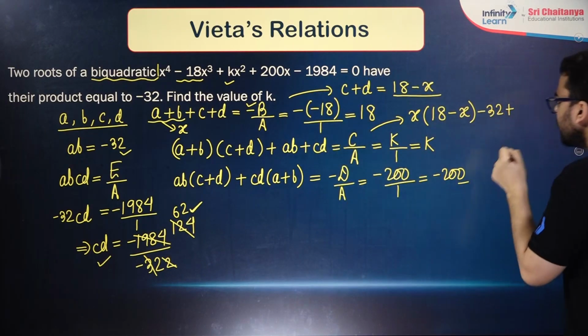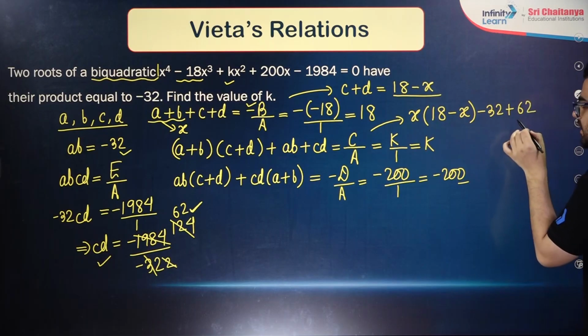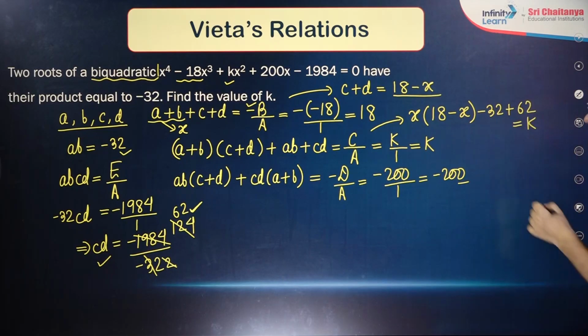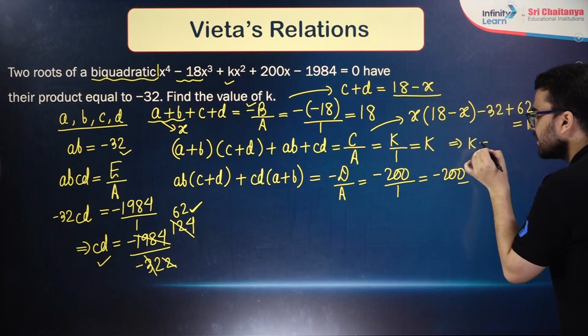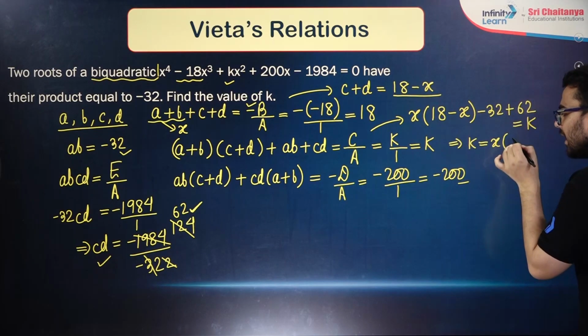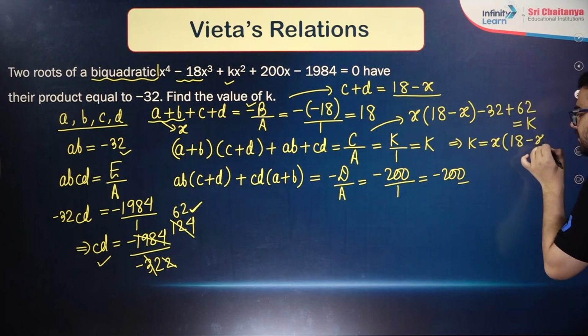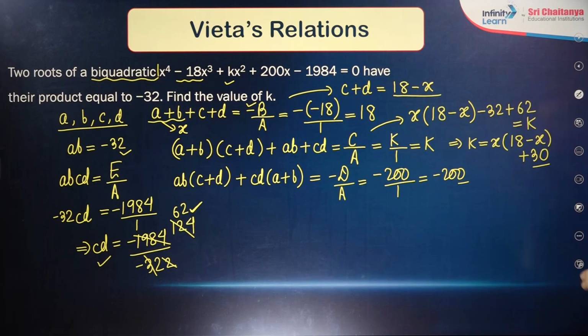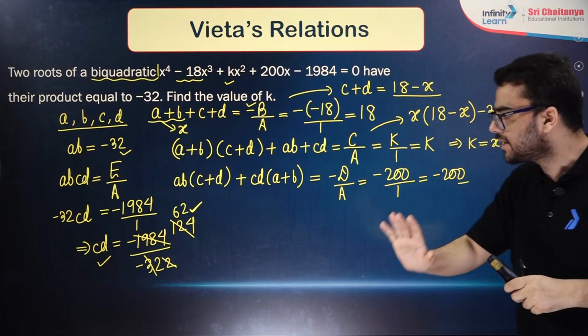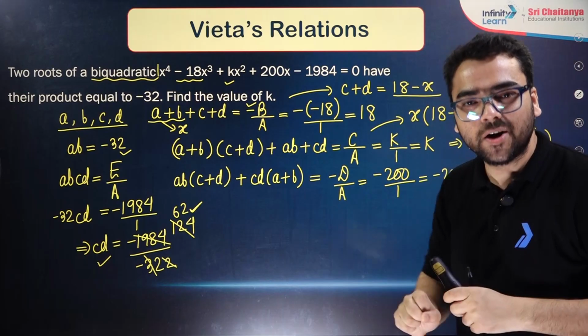So CD is equal to 62, and that is equal to K. If you further simplify it, K is basically X into 18 minus X plus 30, right? So if we are able to find the value of X, we can find K. I hope that situation is clear to everybody.